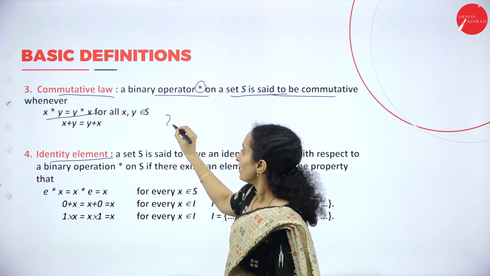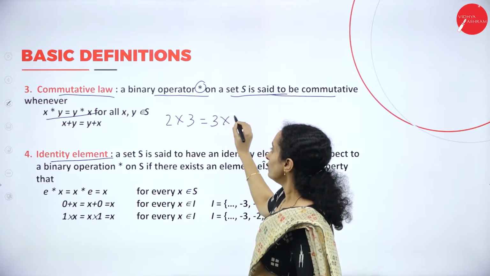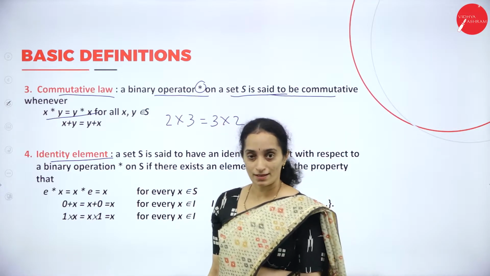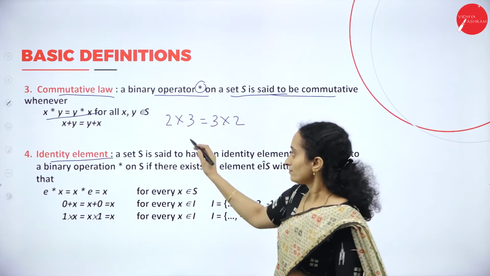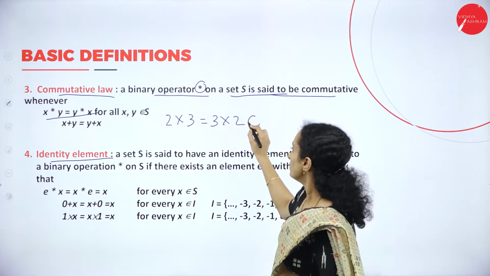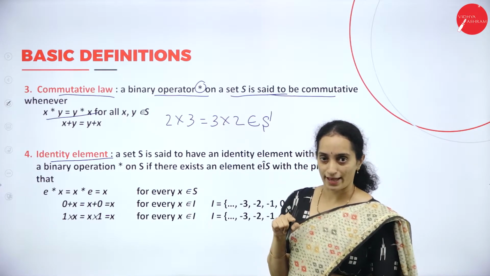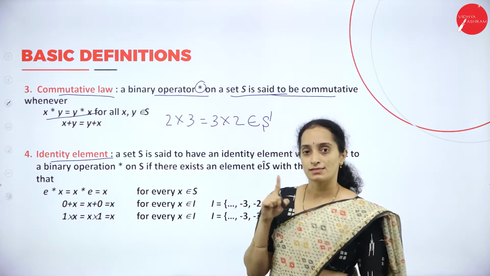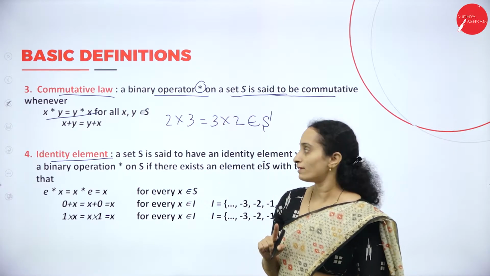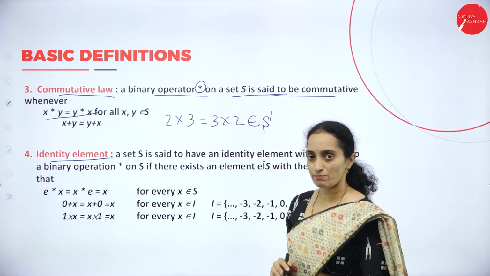That means 2 into 3 is equal to 3 into 2. If they are equal, then it belongs to set S, and the operands are commutative to each other. X plus y equal to y plus x.